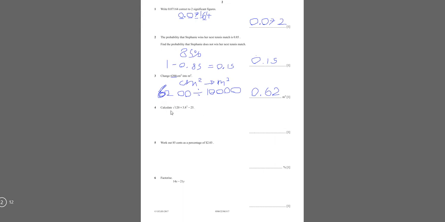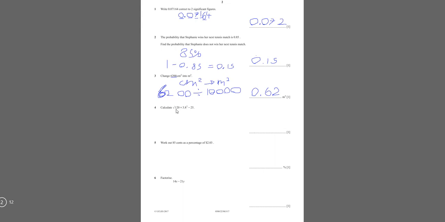Question 4. Calculate the square root of 120 plus 3.8 squared minus 25. So how to solve this question is that we need to use our calculator to find each of these values. 25 is already a given value.